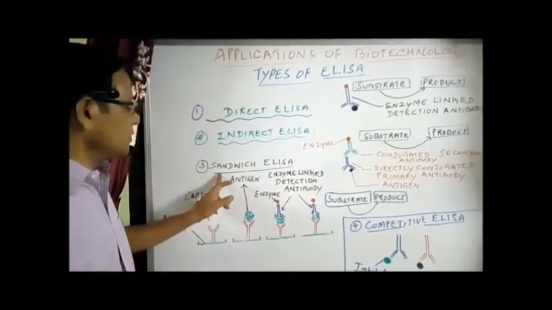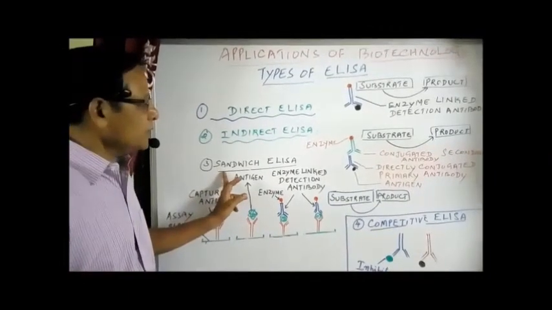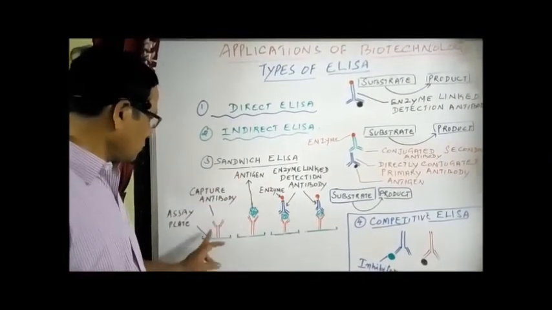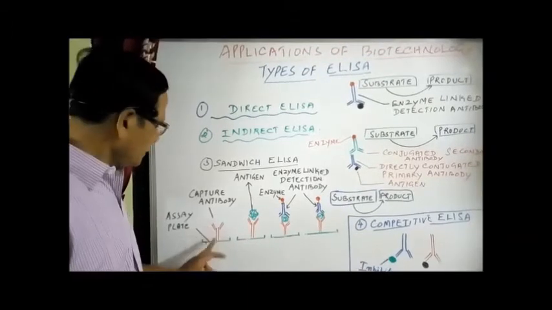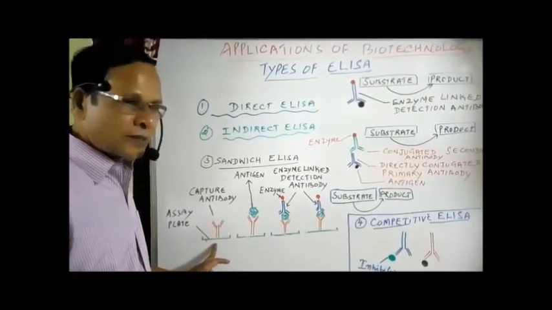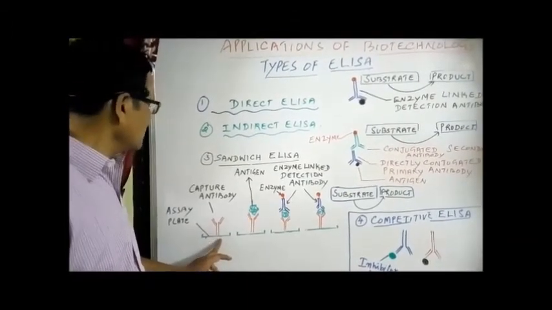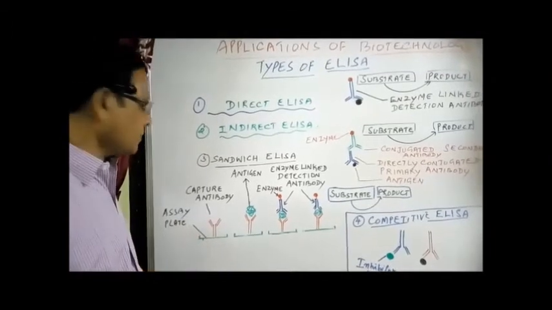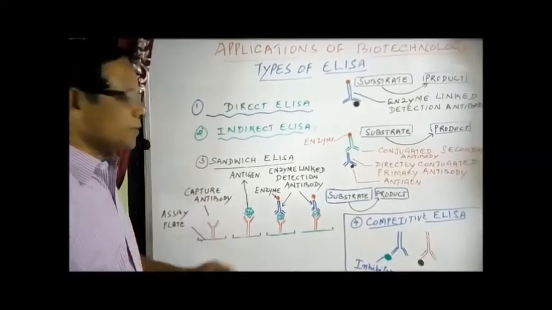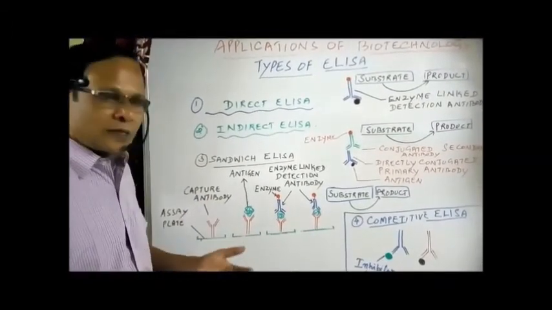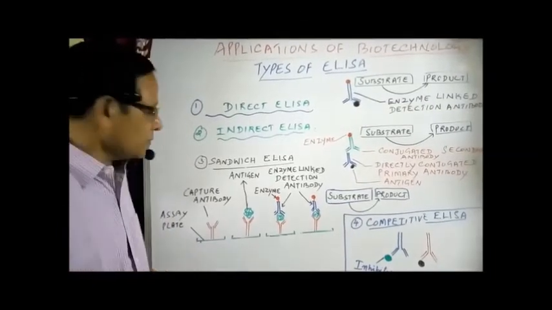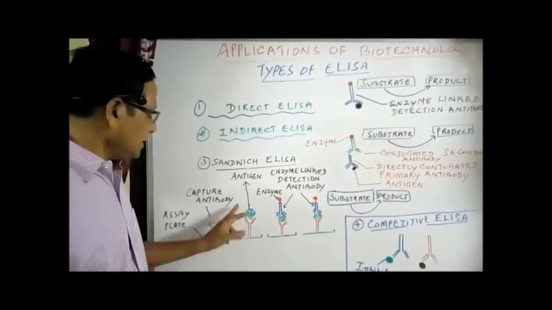Now in the case of sandwich ELISA, there is one antibody which is immobilized and attached to the assay plate or ELISA plate. This is called the capture antibody. The sample with antigen is added into the well.